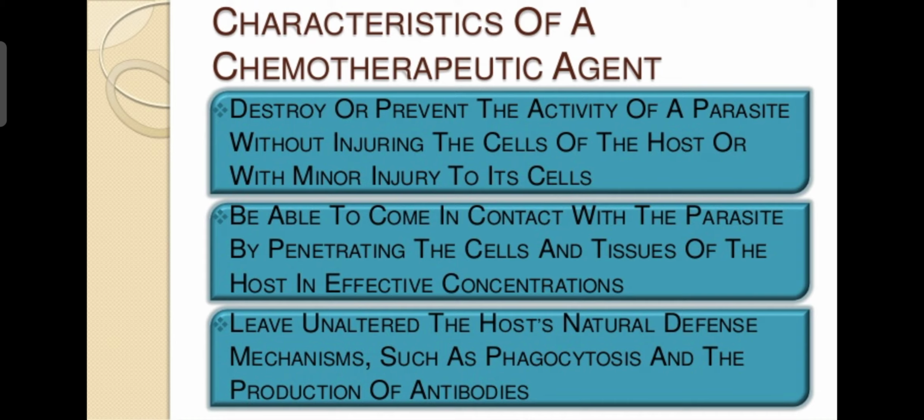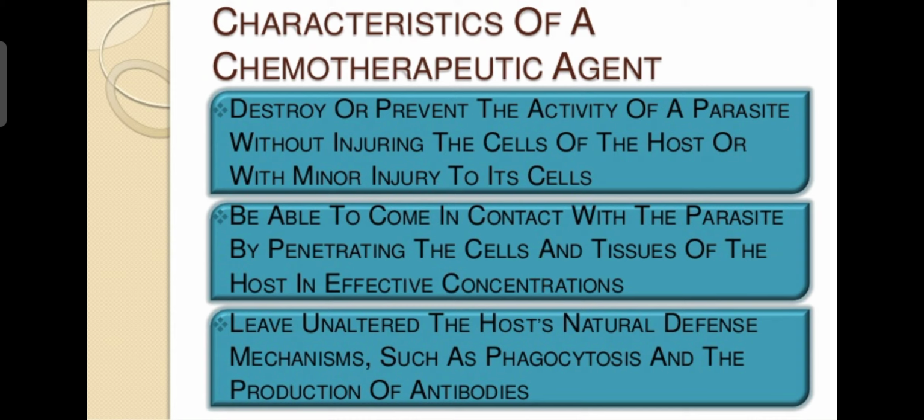Characteristics of a chemotherapeutic agent. It will destroy or prevent the activity of a parasite without injuring the cells of the host, or with minor injury to its cells. Means if you give a chemotherapeutic agent to someone, it will destroy or prevent the activity of the parasite, meaning the microorganism, without injuring the good cells of the host, the body to which you are giving it. Sometimes the host cells also get injured, but it is a very minor amount.